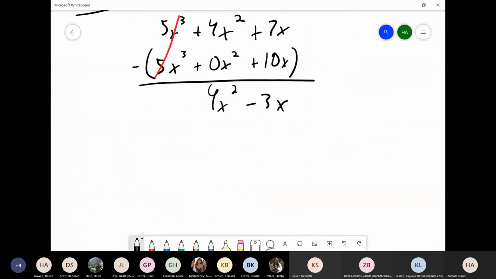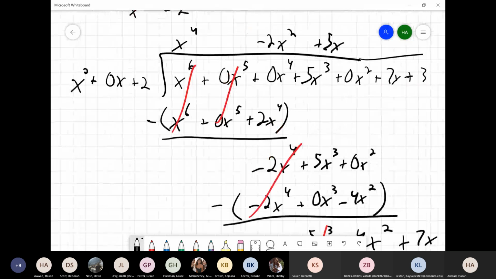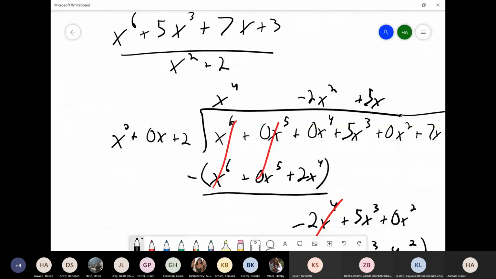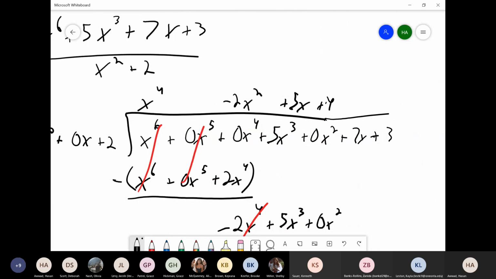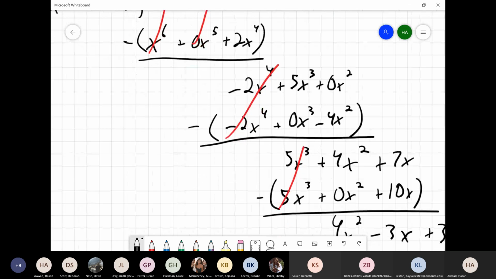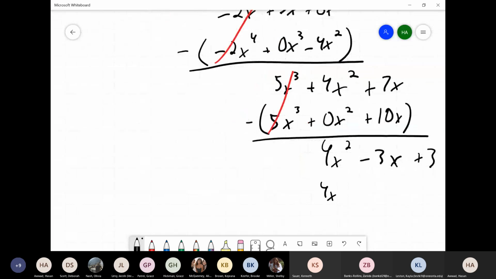So bringing down the plus 3, we try this one more time here. So I have x squared. I need to get 4x squared. So I'm really just worrying about the coefficients here, right? I need to get from 1 to 4, so I multiply by 4. So plus 4 here, right? So multiplying by 4, we get 4x squared. 4 times the 0x gives me, again, 0x.